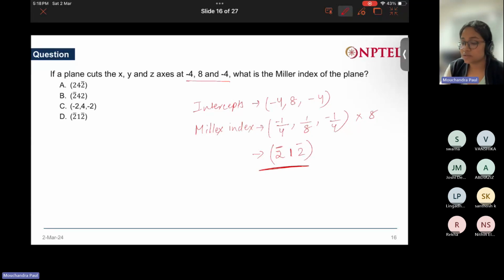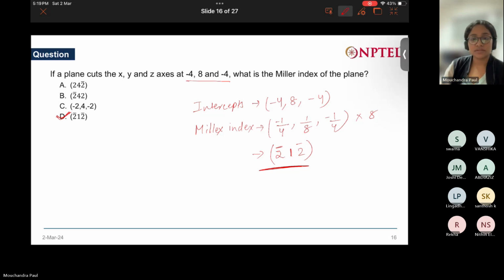Then see the options. Do you get a similar one? Yes. Option D is your 2 bar, 1, 2 bar. Got it? This is how you should calculate. Understood? Could you have multiplied the reciprocals by 4?